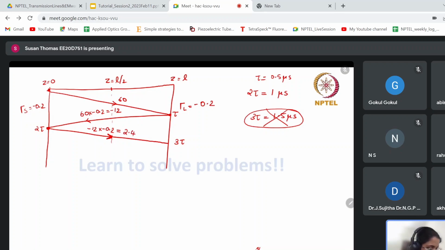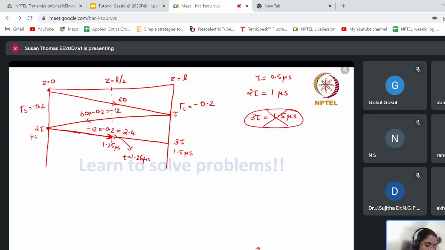Now this reflection has happened and this has propagated till the middle of the transmission line, which happens at what time? So this is 1 microsecond, this is 1.5 microsecond and this is 1.25 microsecond. So we are talking about a time of 1.26 microsecond.